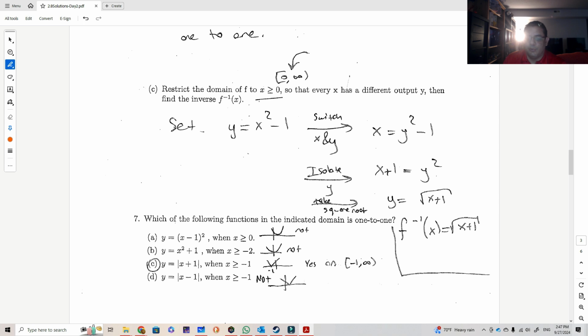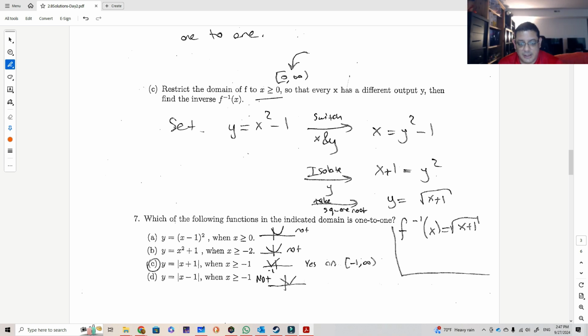But absolute value of x plus 1 when x is bigger than minus 1 actually is going to work out, because notice this domain is splitting the absolute value at the point where this becomes 0. So absolute value of x plus 1 is this function here, and it splits at minus 1, into the two different directions of the function.